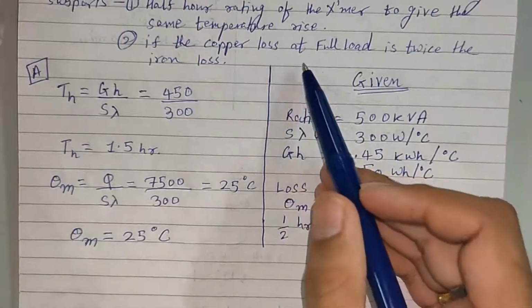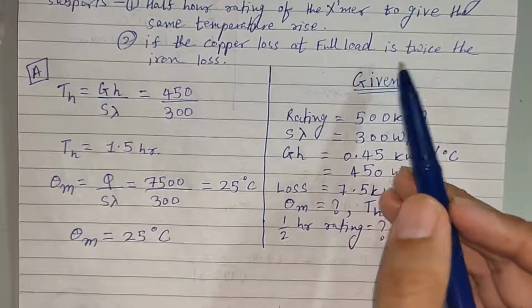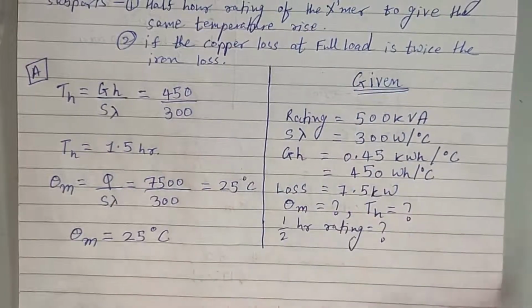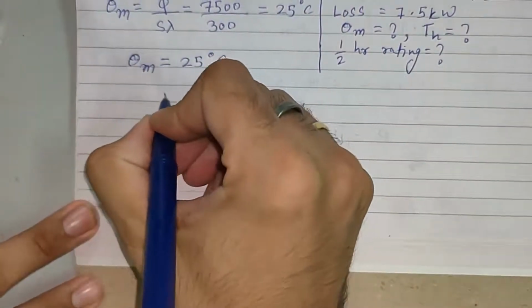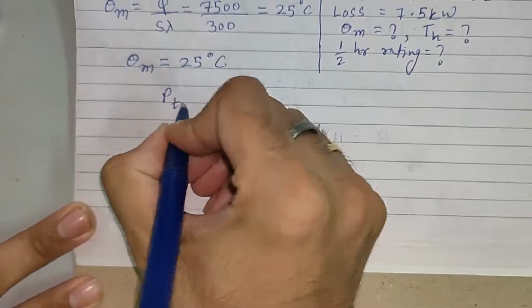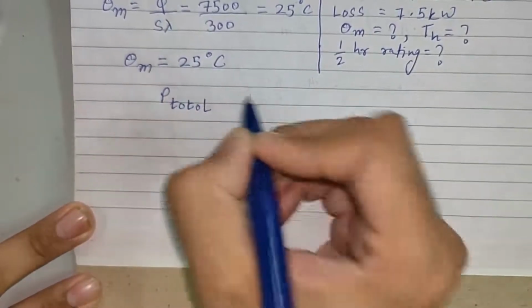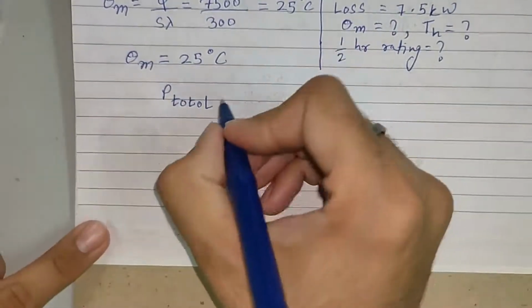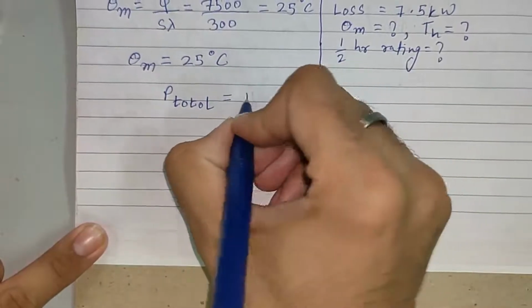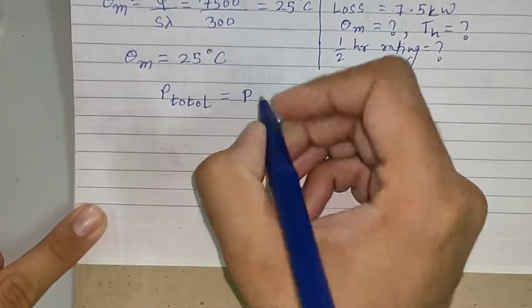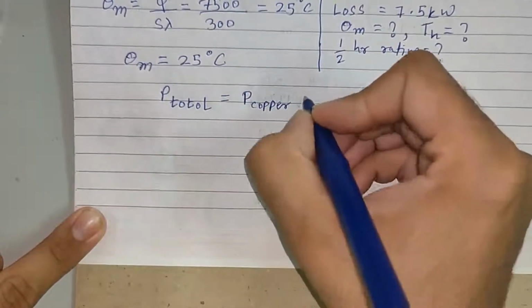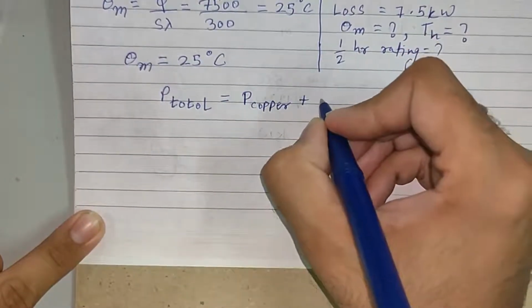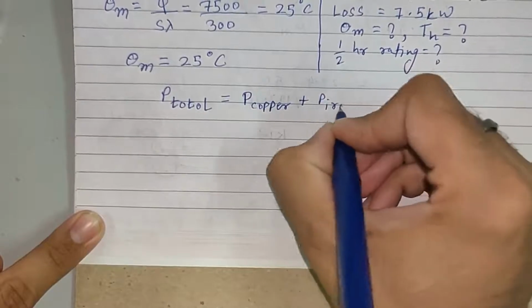Now we'll solve the numerical further using the information provided in the numerical data, which says that the copper losses at full load is twice the iron losses. So let us assume that the total losses in the machine are provided by P total, which is nothing but equal to P of copper, that is losses of copper, and the iron losses.